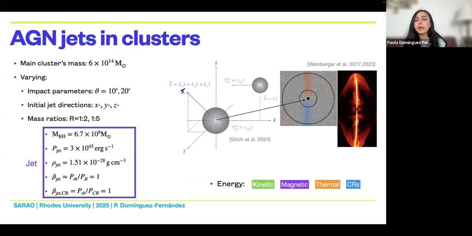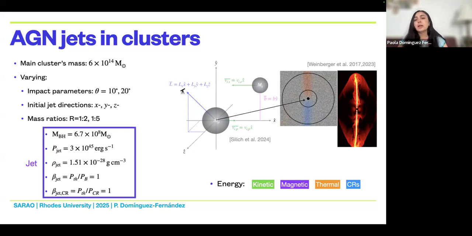So we carried out a parameter space study of AGN jets in clusters that are undergoing a binary merger. What we did in this work was to work with idealized MHD simulations. So I have two galaxy clusters, and basically I smash them onto each other.